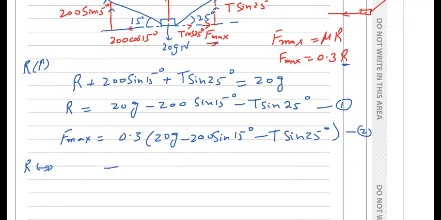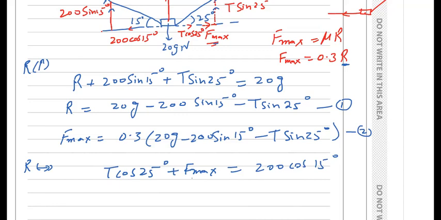So I will say T cos 25 degree plus F maximum will be equal to 200 cos 15, because sum of horizontal forces will be equal to 0. So using that one, we can say sum of right directed will be equal to sum of left directed forces. So our main purpose is to find the value of T.